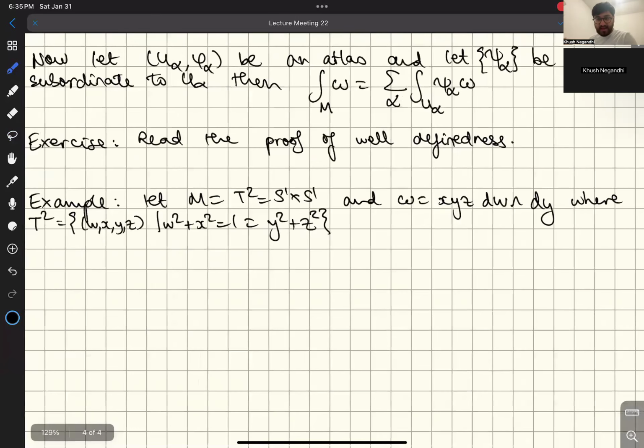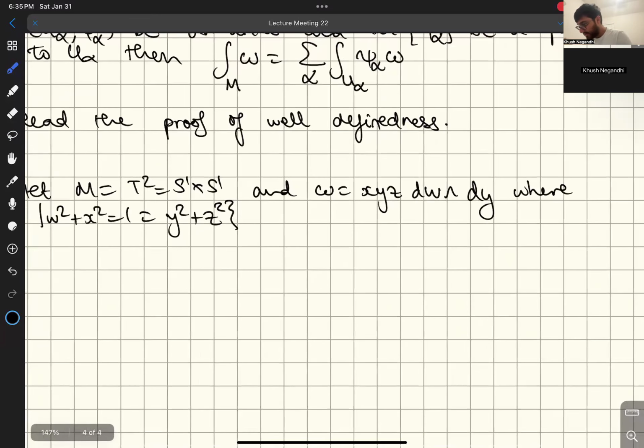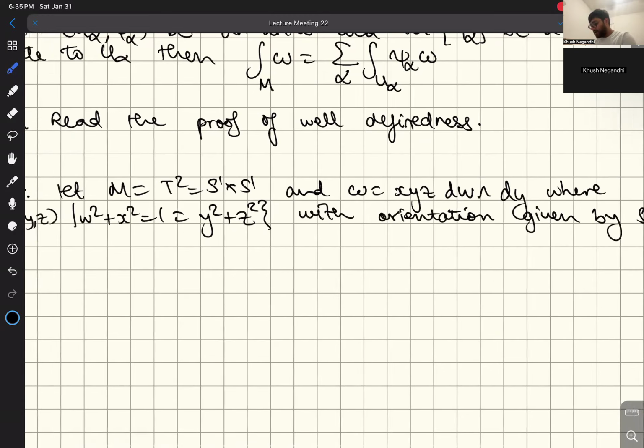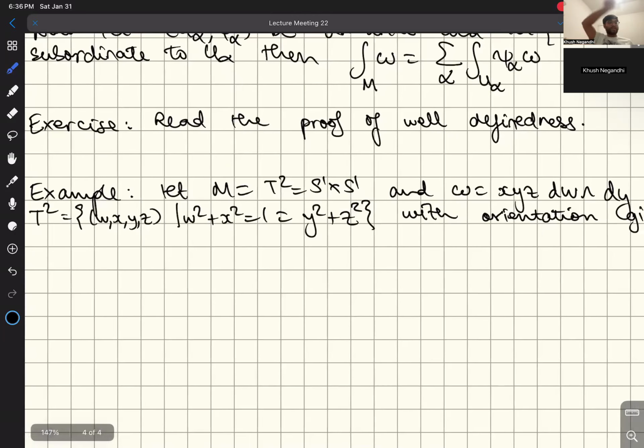Now you want to compute the integral of omega with orientation given by S1. The orientation on S1 is just the one that goes counterclockwise around the circle.